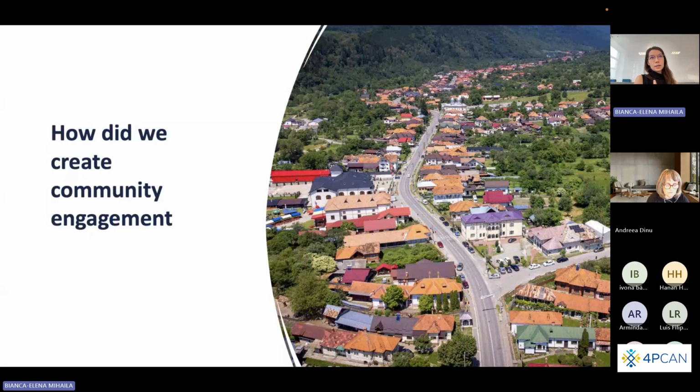We did not start with a medical intervention in Lărești. Here is the main road from Lărești. We started with creating social relationships with people from the media from Lărești, with the mayor and with the local authorities.